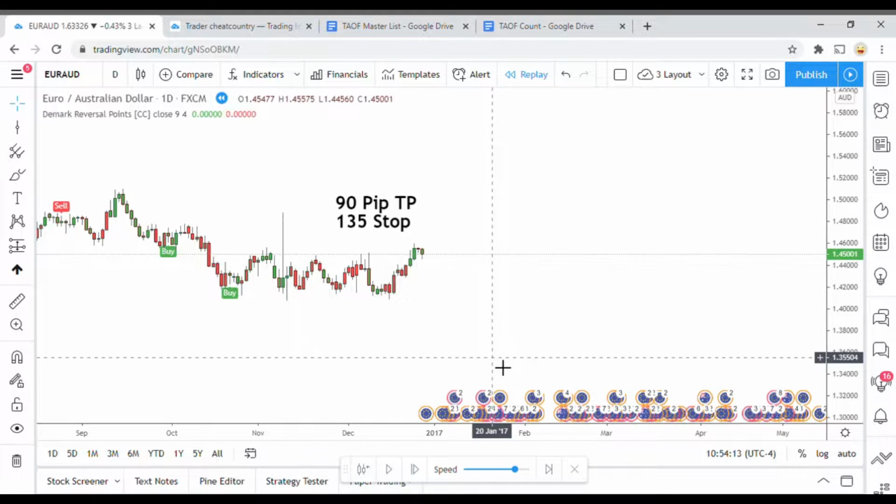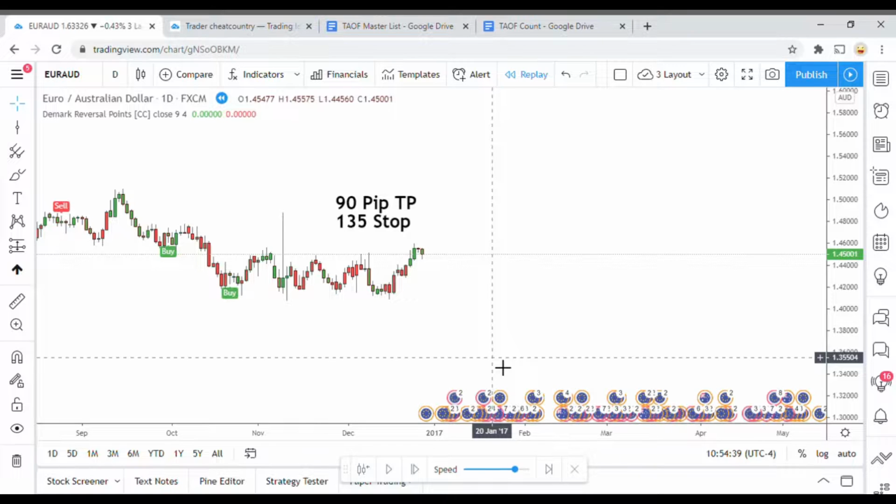All right, so today's indicator is the Dmarc reversal points indicator. This is a TradingView member created indicator. I believe they said that it's based off of Tom Demark's 9 indicator. Haven't played around with that yet, but maybe that's something we can give a shot.